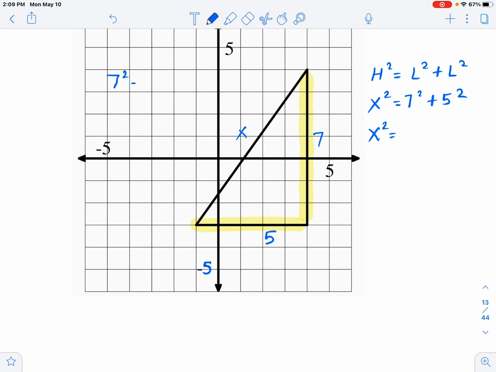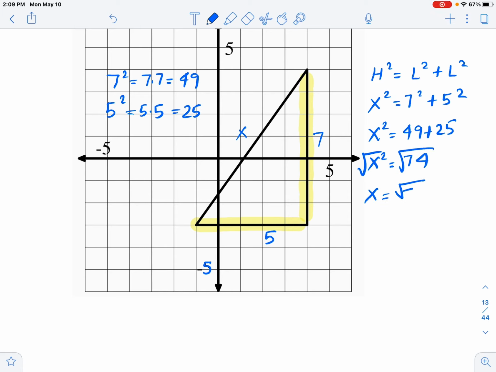Again, what is 7 squared? That's 7 times 7, that's 49. 5 squared is 5 times 5, that's 25. I'm just showing the work here. 49 plus 25, x squared is 74. I take the square root of both sides and get x equal to the square root of 74, and that is not a perfect square.